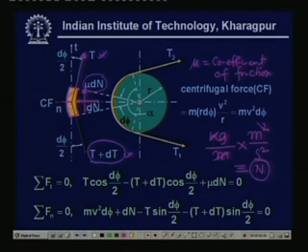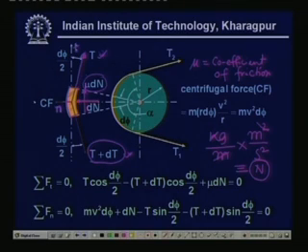For equilibrium, we know that the belt should be under force balance, and here we are defining this direction of the centrifugal force as the normal direction, and the line perpendicular to this one as the tangential direction. The equilibrium suggests that the sum of the forces should be equal to 0 in the tangential direction as well as in the normal direction.